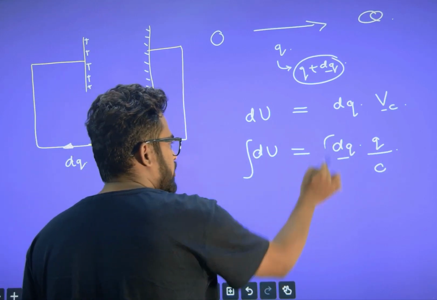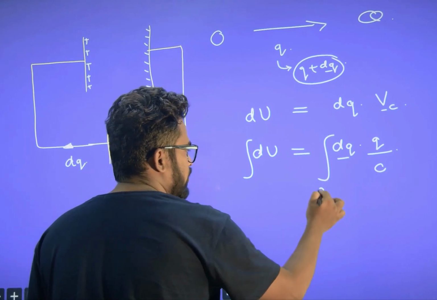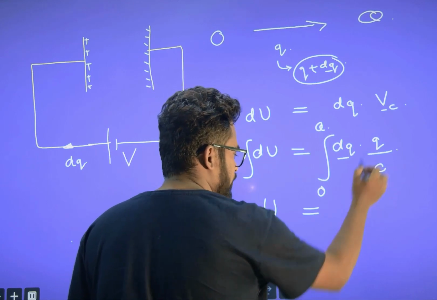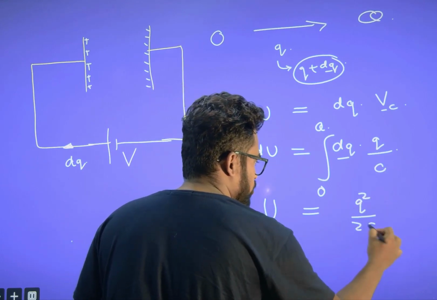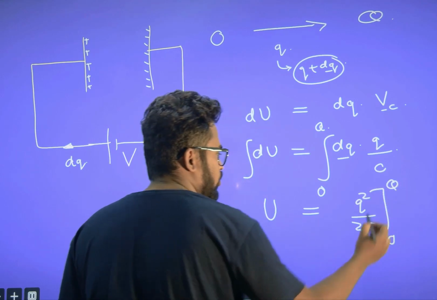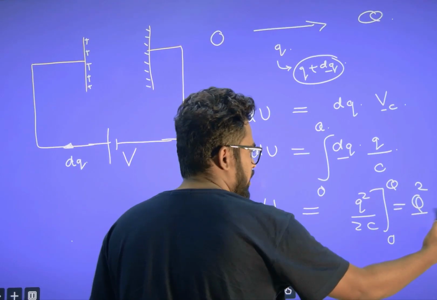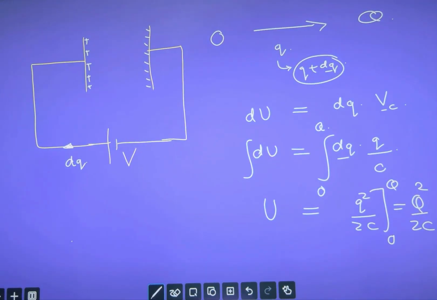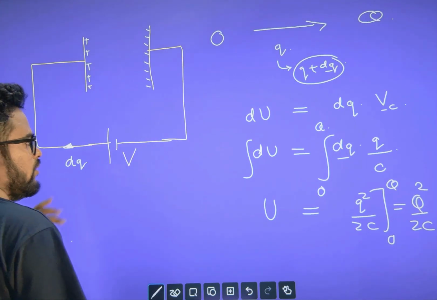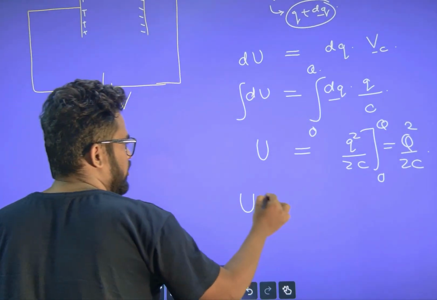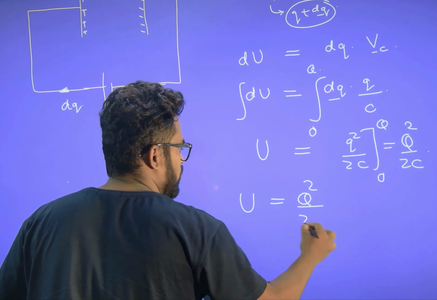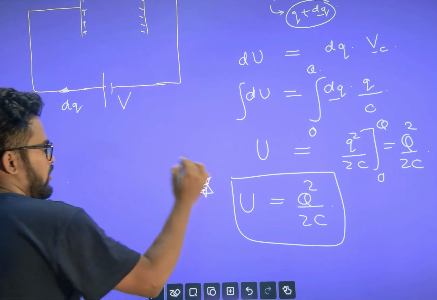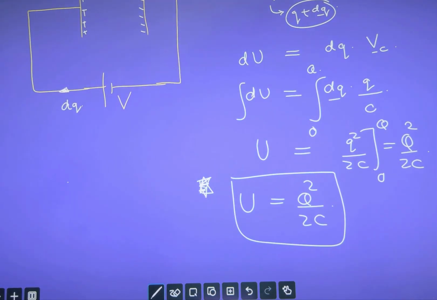If we integrate both sides again, charge varies from 0 to capital Q. So total energy stored would be how much? Q square by 2C with limit 0 to Q. So it would be Q square by 2C. So we can remember that potential energy stored is Q square by 2C. This is the energy stored on the capacitor.